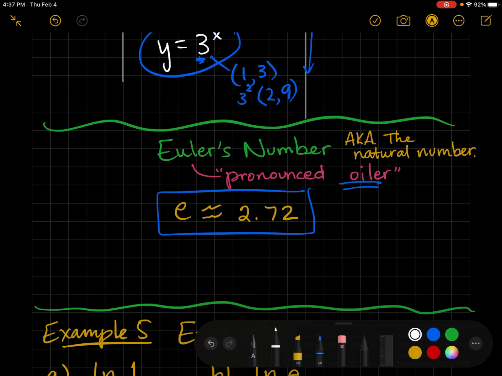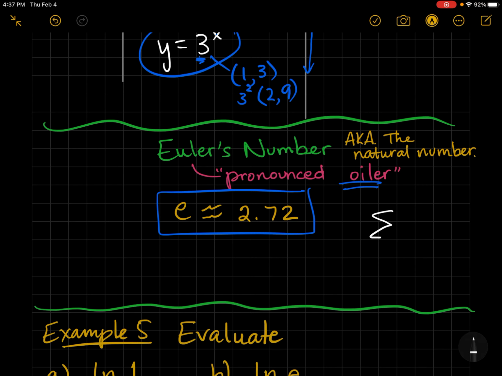Just like pi is the ratio of the circumference to the diameter, Euler's number is an infinite series. I haven't even taught you what a series is yet, but we will get to it. It's an infinite series from 0 to infinity of 1 over n factorial, but you'll actually learn that before the year is over.